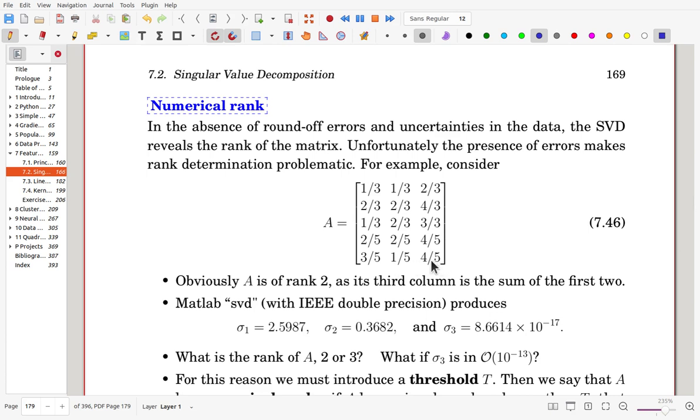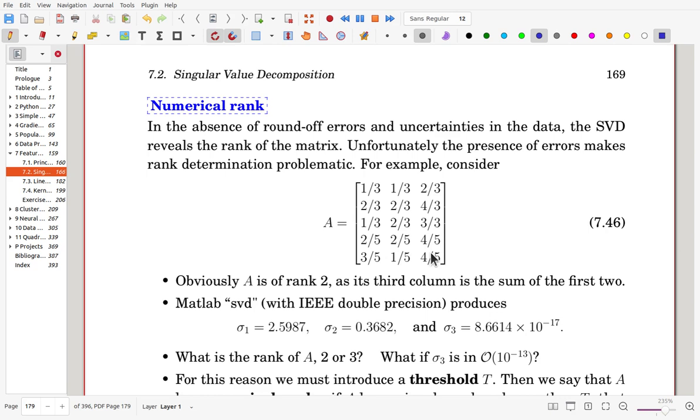So obviously the rank of matrix A is 2, because we have only 2 independent columns, and the third one is the addition of the 2 columns.